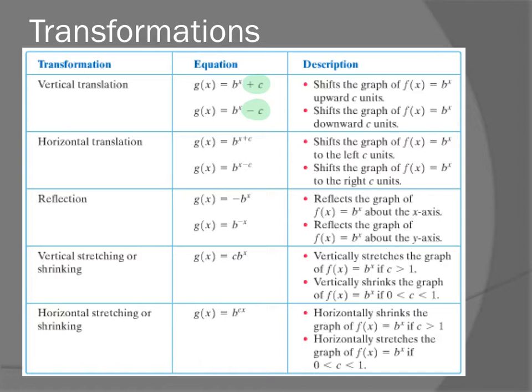If I have 3 to the x minus 2, it's shifting it down 2 places. This also causes a shift on the horizontal asymptote. So if I shift up 2 places, my horizontal asymptote shifts up 2 places. If I shift down 2 places, my horizontal asymptote shifts down 2 places.